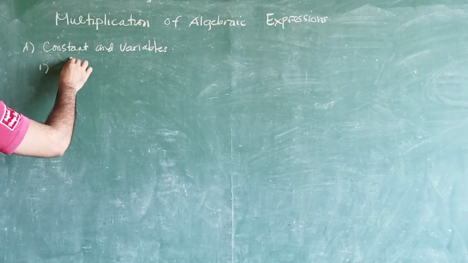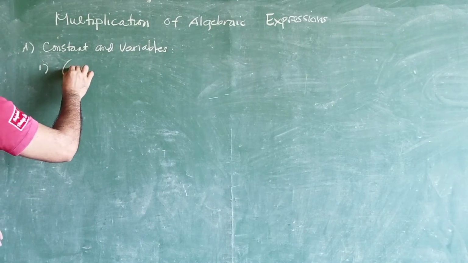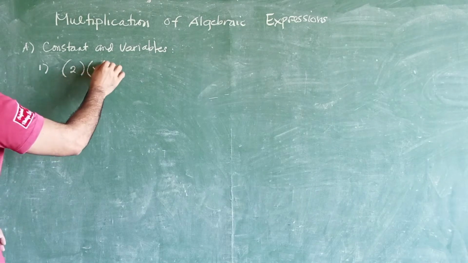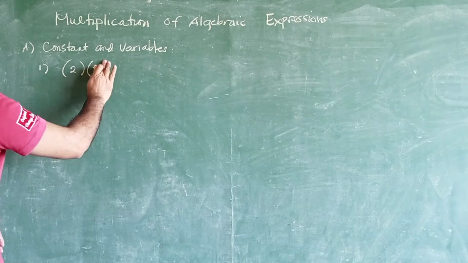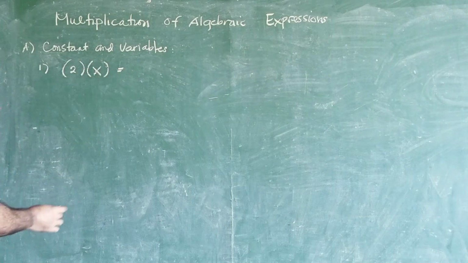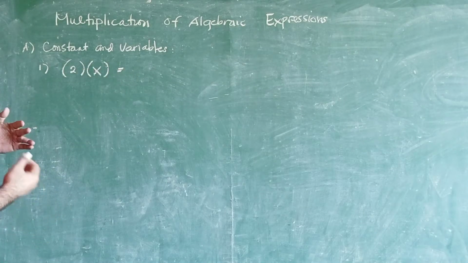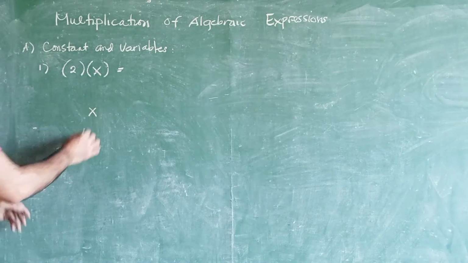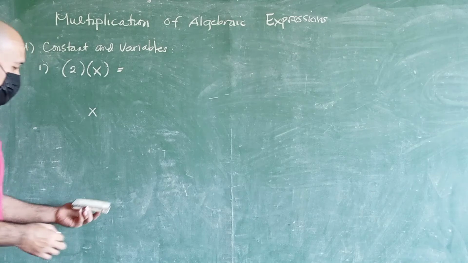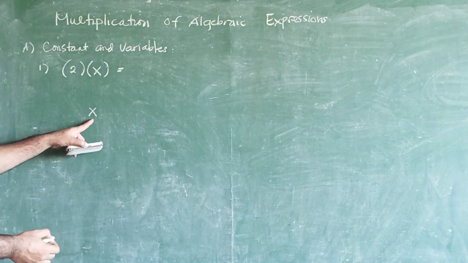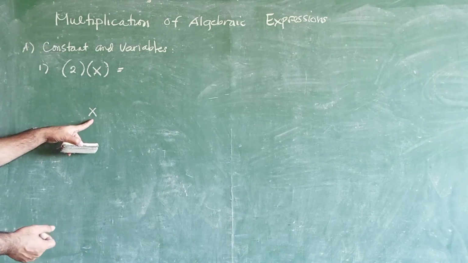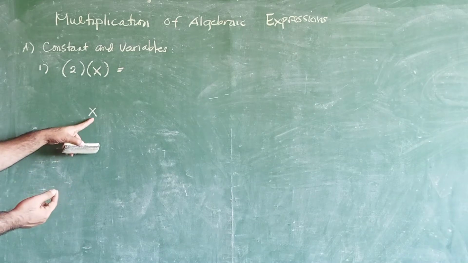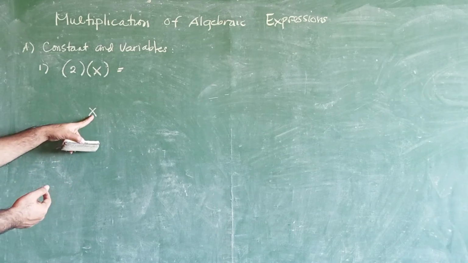For example, if we have positive 2 times x, for the multiplication, we do not use this symbol x as multiplication. Please always remember this one, because you might consider this x as a variable.